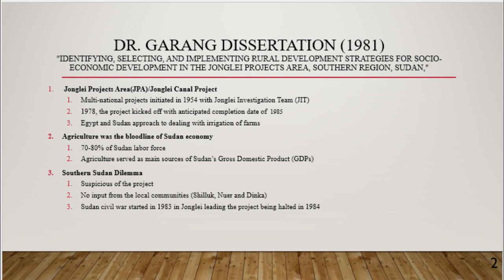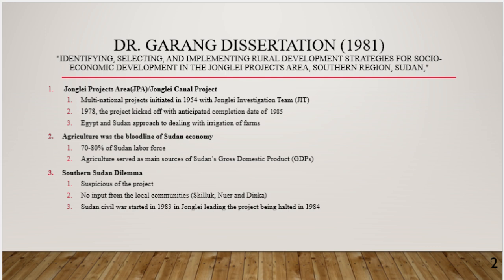Right? And when you look at it, at that time, 70 to 80% of the labor force was working in the agriculture sector. So it is a pretty big deal for the Sudan economy to find a way to control the irrigation issue, and the Jonglei Canal was that answer.